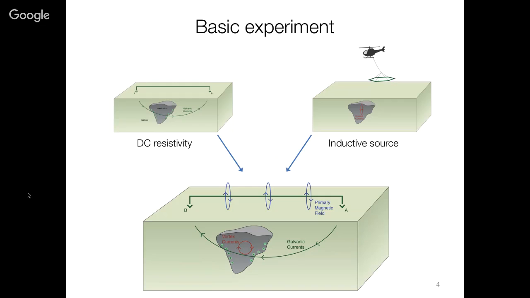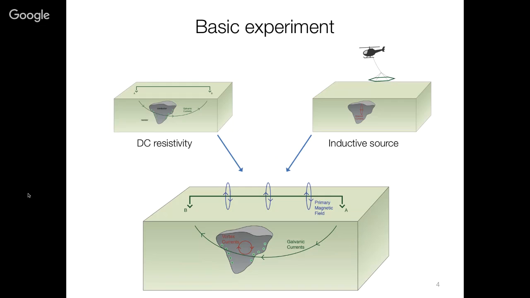But if we look at this system here, where we've got a current electrode and another current electrode, and we've got a time-varying current through here, then we're actually going to get time-varying magnetic fields associated with that, and they're going to generate currents in here.